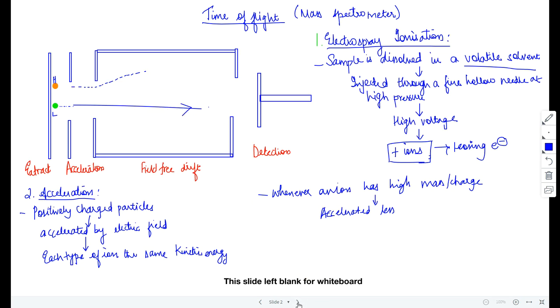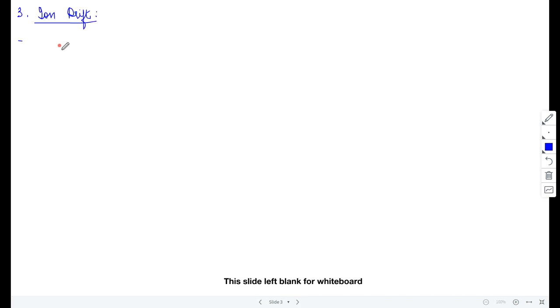Okay, so this is the ion drift. What is happening is ions leave the electric field. They are allowed to drift through it. Initially, both the speeds are same, right?